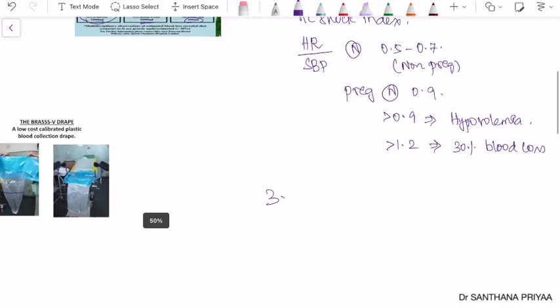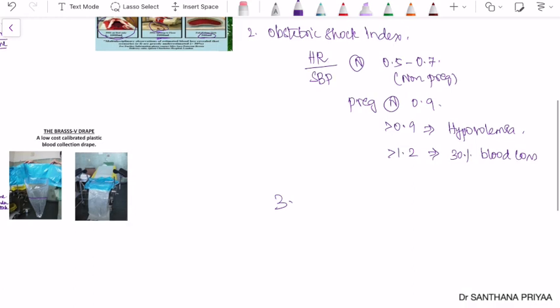Then the third is by the rule of 3. Most favorite questions in Viva.